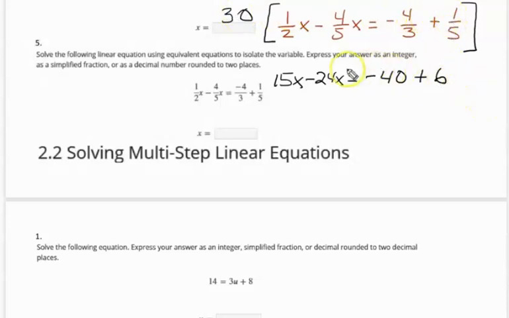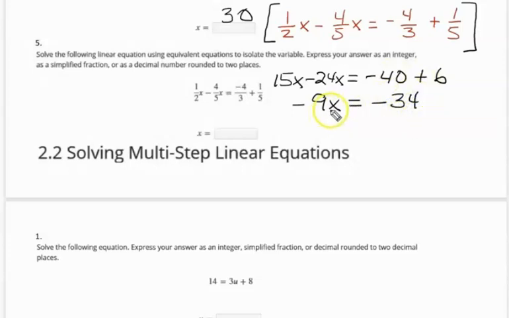So that's where we are. Now, can we combine like terms? Yes, here this will become a negative 9x. And this is going to become a negative 34.